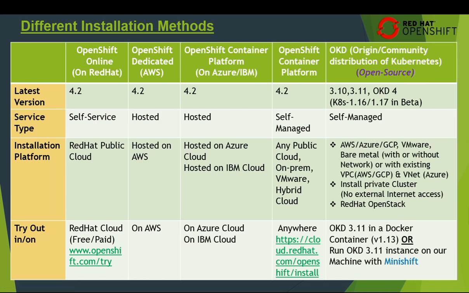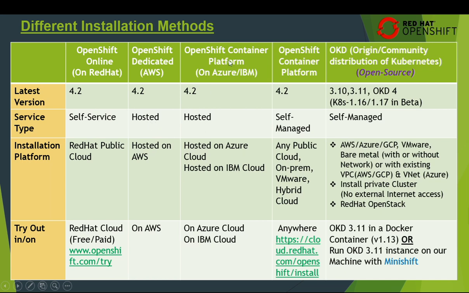We can create an OpenShift Online cluster on Red Hat Cloud by ourselves, but it will be managed and supported by Red Hat, and we can create it on demand, right? Whenever we want, we can create those clusters.